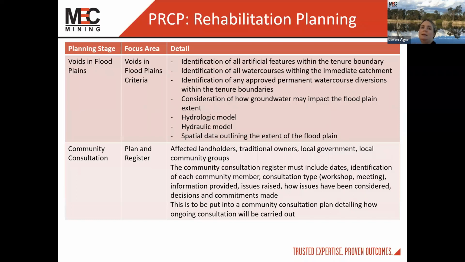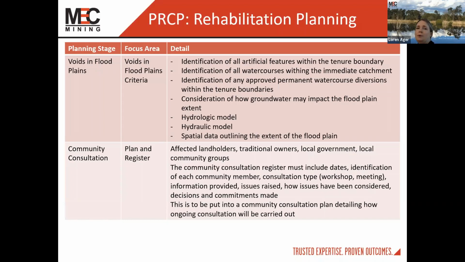So in the planning stage, the consideration of voids in floodplains also needs to occur. Obviously here in Queensland, we have had historic times when flooding has caused major issues in the mining industry and the resources industry. And so voids that exist inside those floodplains also create a potential hazard or a negative impact on the environment.